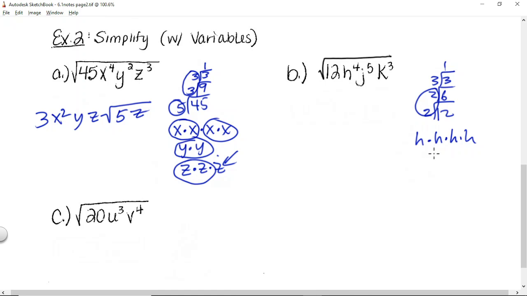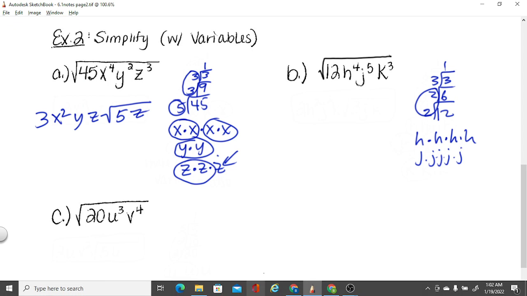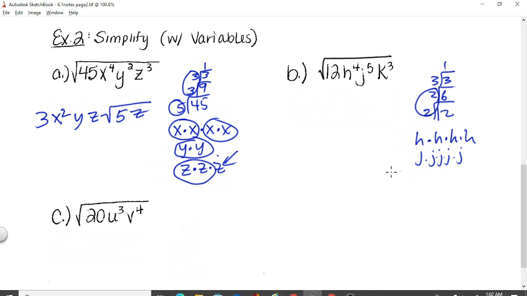We have j, that's to the 5th power. So if we have 5 j's like that, that's all the factors of the j to the 5th factored into these 5 j multiplied 5 times. And we also have k, and it's 3.